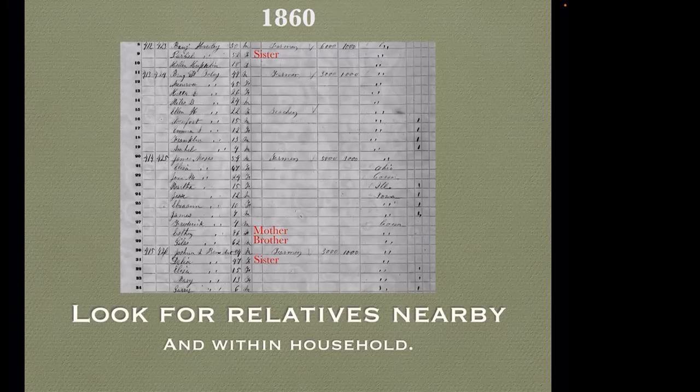So when you find your relative, I would encourage you to always look for the whole family, and become familiar with other people on the page, because you may find other family names that can help in your research.